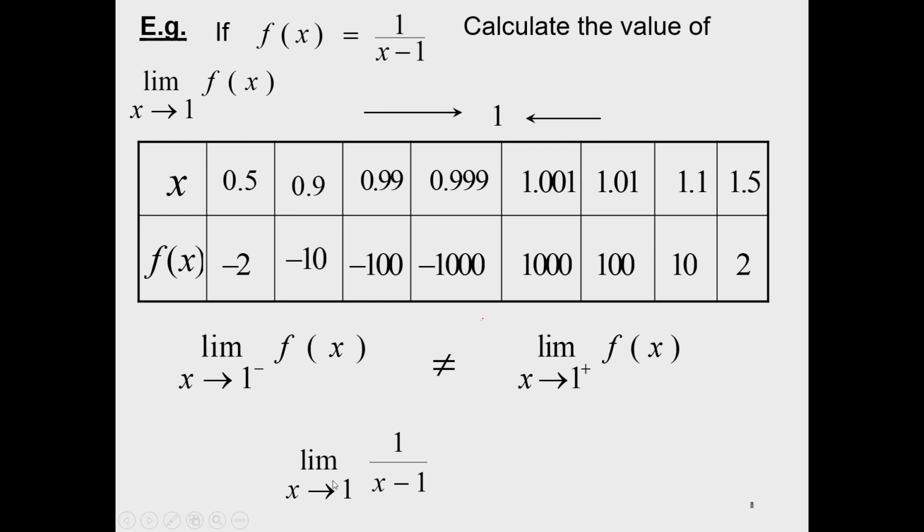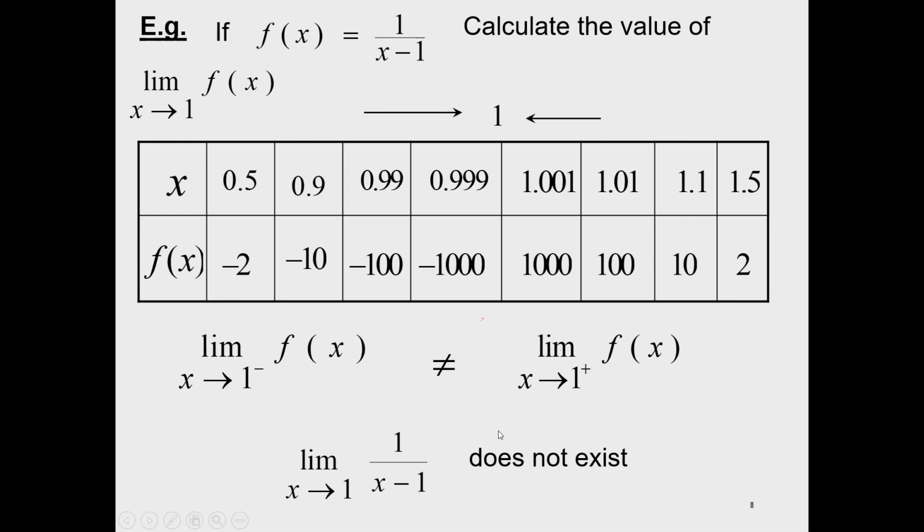And in general, in a two-sided limit, when we say x approaches 1, we don't put a sign here. That means now we are writing in two-sided limit that the limit as x approaches 1 of this function 1 over x minus 1 does not exist.